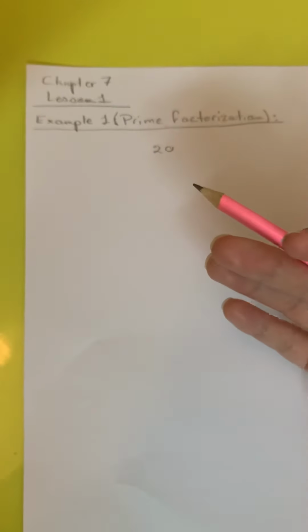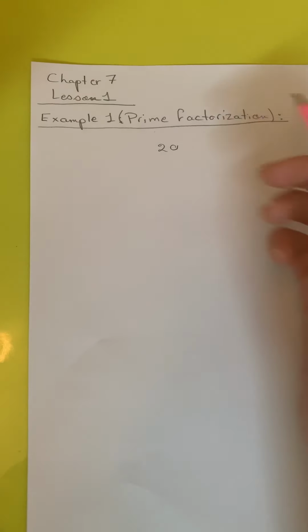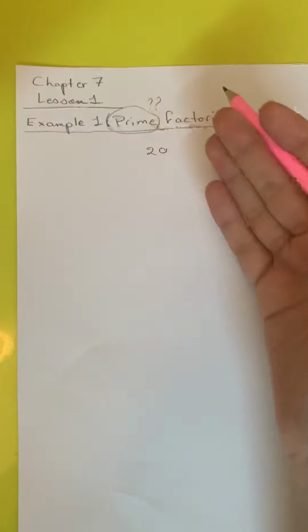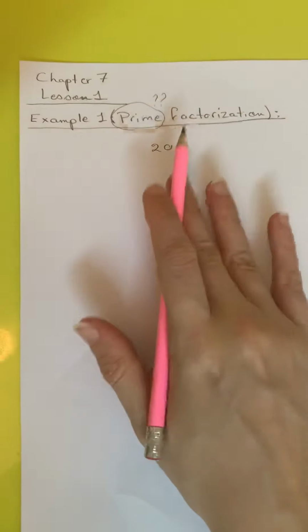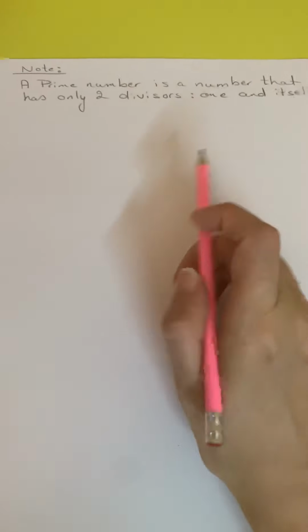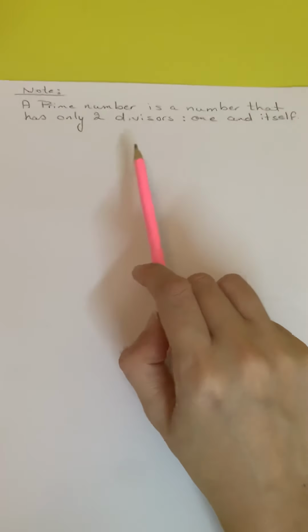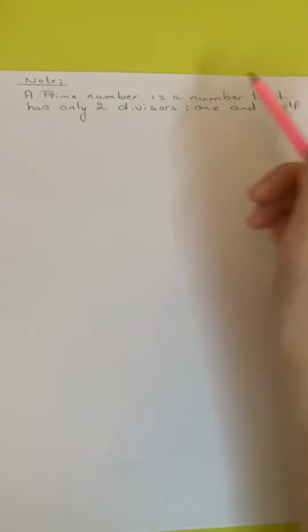Now, you're going to ask, what is prime? What does this word mean? So first, let's define what a prime number is, and then we'll go back to this example. I wrote it here as a note: a prime number is a number that has only two divisors, one and itself.